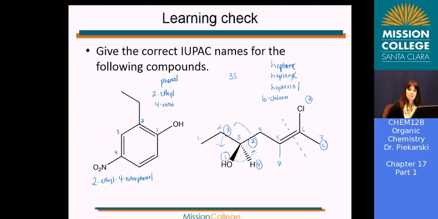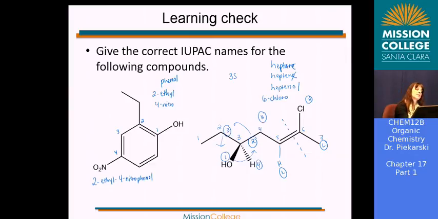This would be the lower priority group. Carbon versus hydrogen, definitely the higher priority group is carbon. The lower priority group is hydrogen due to atomic number. The higher priority groups are on the same side. I always say same side, right? Because that's therefore what kind of stereochemistry?